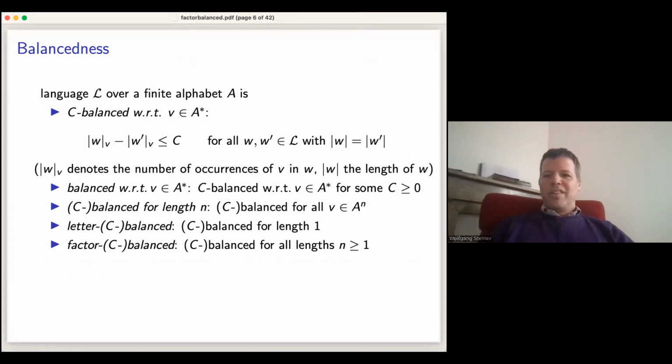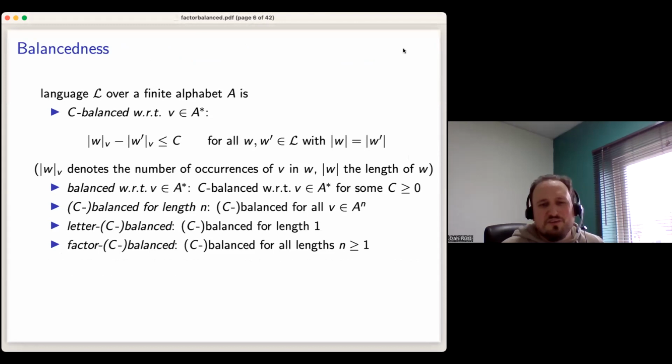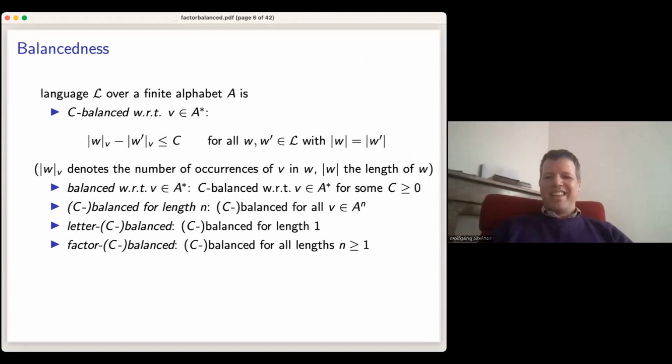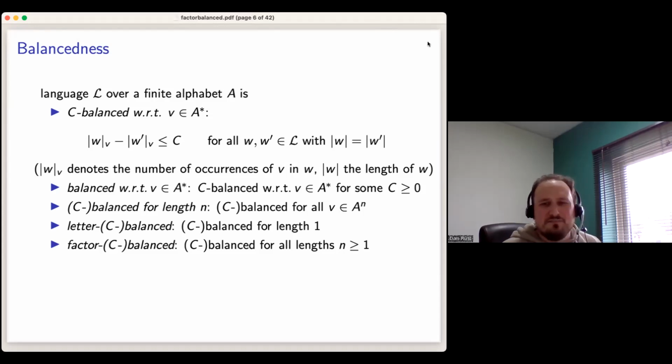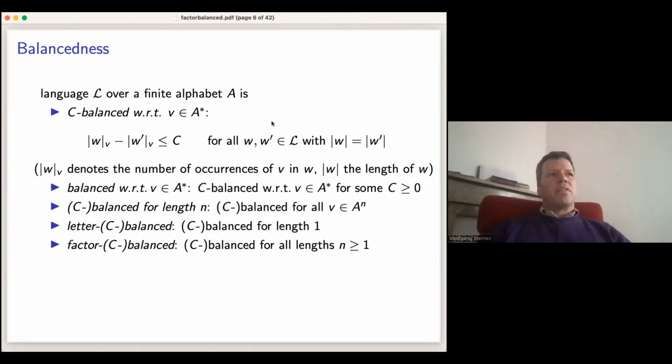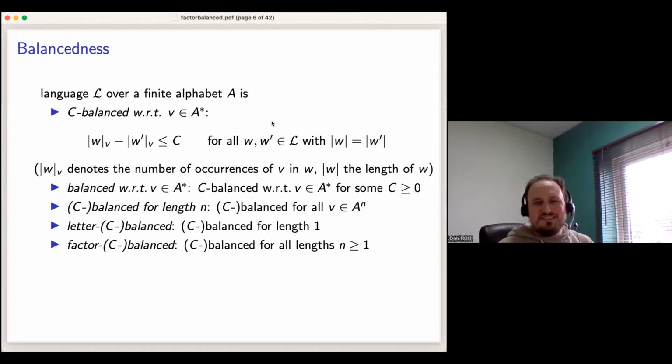Sorry, I don't know. But for instance, I guess letter balancedness isn't preserved, right? Because you could start with something which isn't balanced, and then make all the zeros and ones the same frequency, and that would preserve it. So I guess some of them are, and some of them aren't. Yes, certainly. Okay, no worries. Thanks.